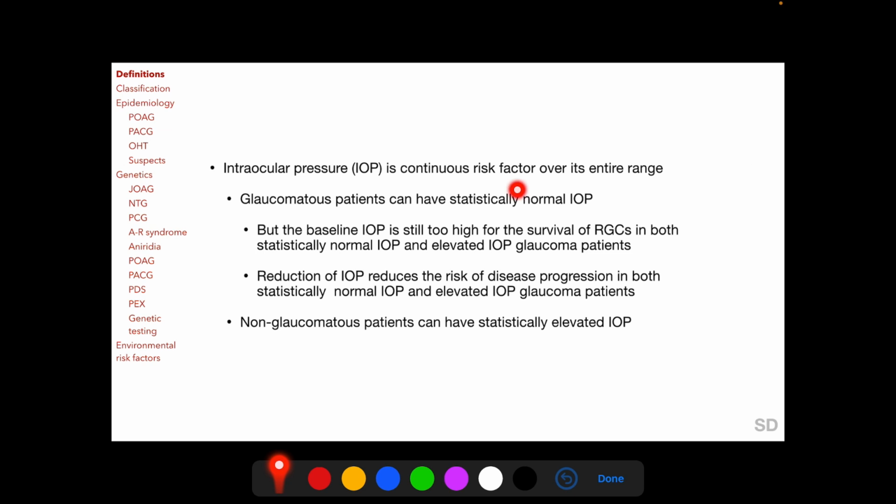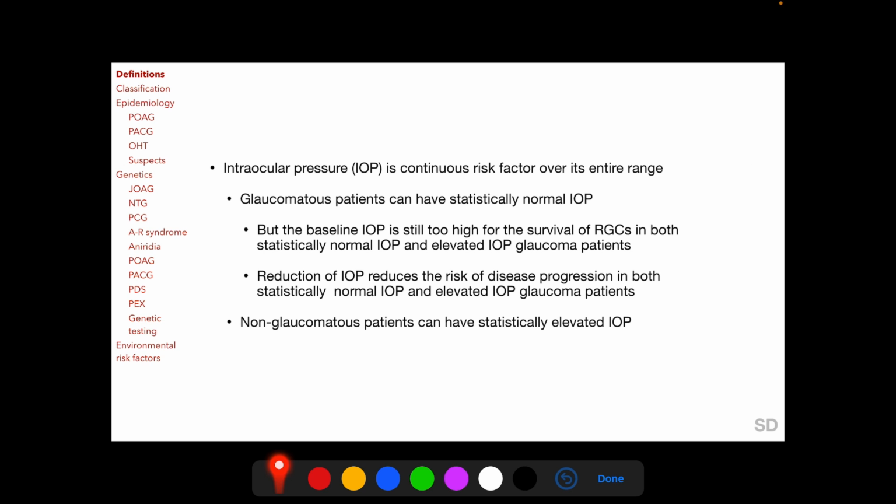The word statistically refers to two standard deviations on either side of the mean intraocular pressure in the entire population. When glaucomatous patients have statistically normal intraocular pressure, it is called normal tension glaucoma, and when non-glaucomatous patients have statistically elevated intraocular pressure, it is called ocular hypertension.